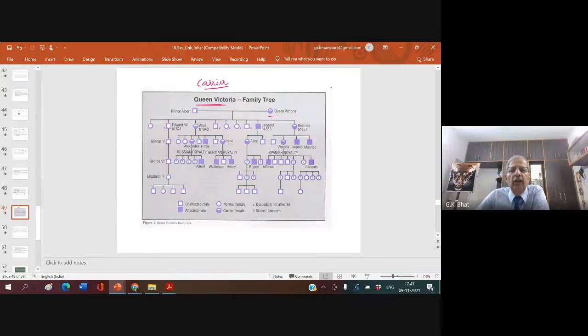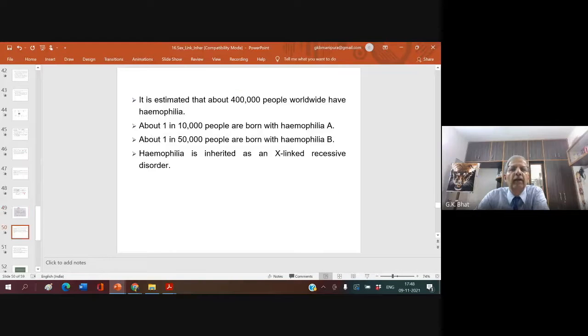But now there is no hemophilia in any of the members. Either they have died or whoever possessed this allele did not pass it on. So at present it is not there in any of the descendants of Queen Victoria.